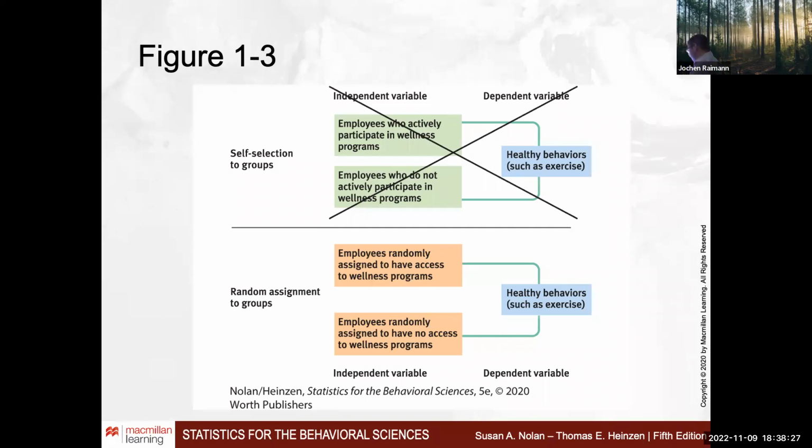And your dependent variable is their health behaviors. If you let those subjects self-select into each group, those with a higher level of health behavior a priori, before you even started the study, are more likely to participate in your wellness program. Then the health behavior at baseline will basically act as a confounder.